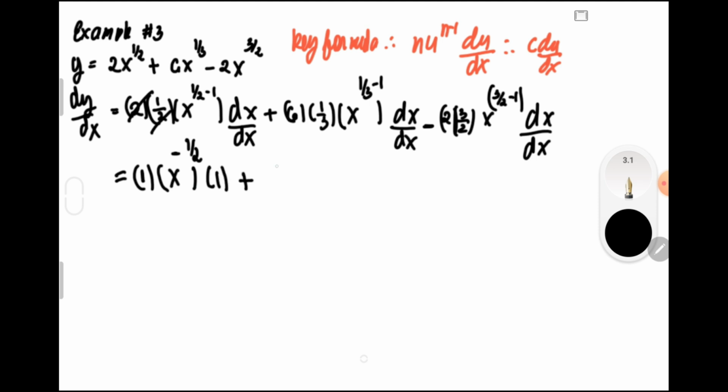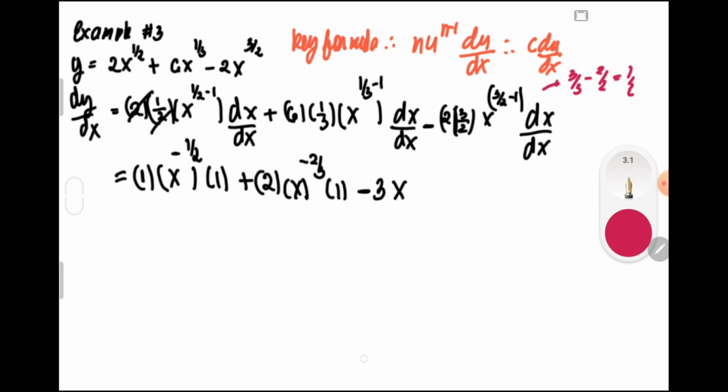plus our 6 multiplied by 1 third is 2. x raised to 1 third minus 1 is 1 third minus 3 third is equal to negative 2 third. The derivative of x is equal to 1. So minus 2 multiplied by 3 halves is equal to negative 3. x raised to 3 halves minus 1 will be 3 halves minus 2 halves, which is equal to 1 half.